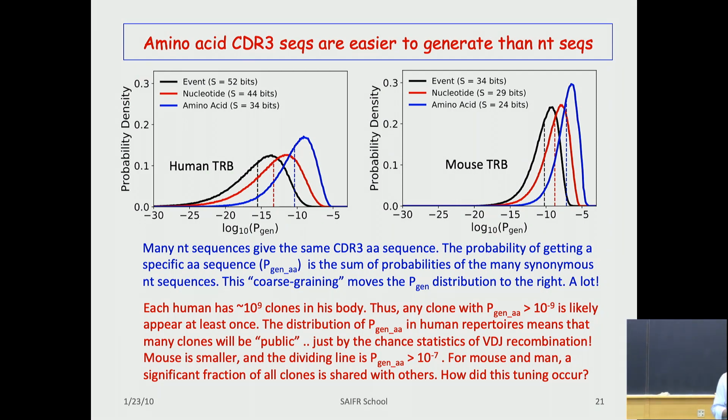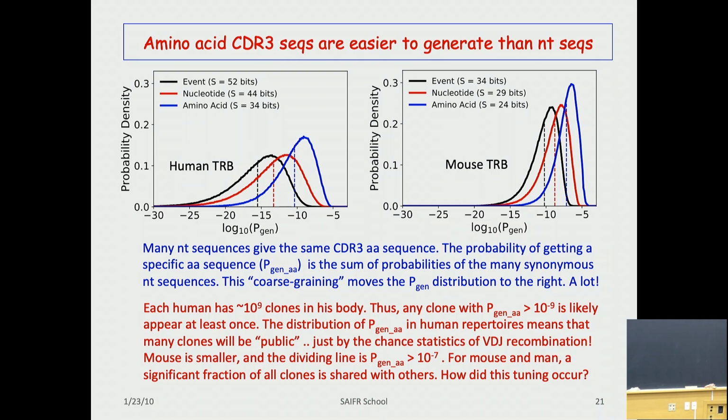How likely is it that that T-cell receptor gets generated? Well, what I really want to know is how likely it is to be generated as an amino acid sequence. So I have to know how much of a boost my probabilities get when I pass from nucleotide to amino acid sequence. It's a trivial thing, but you have to do it.